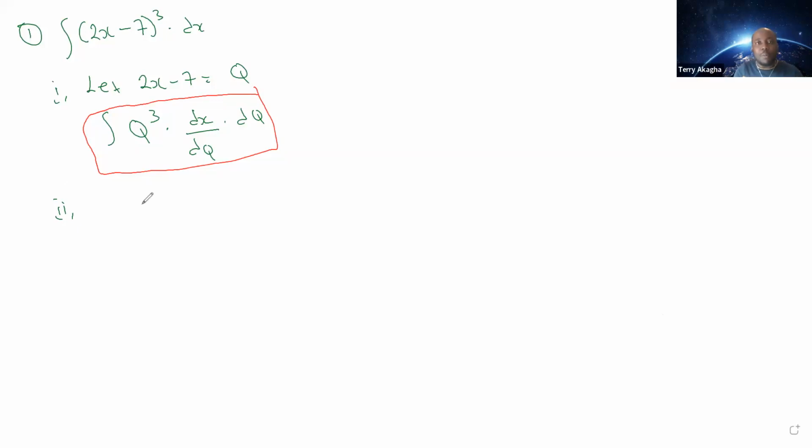So the linear function we have is q equal to 2x minus 7. Differentiate it, and that means dq over dx is going to be 2. But remember, we are not looking for dq over dx. We are looking for dx over dq. So you cross multiply.